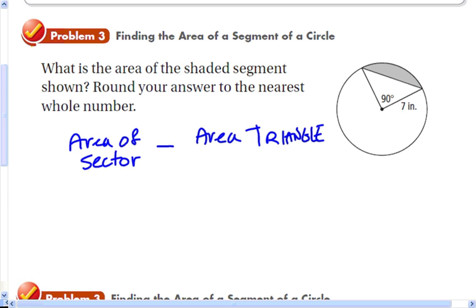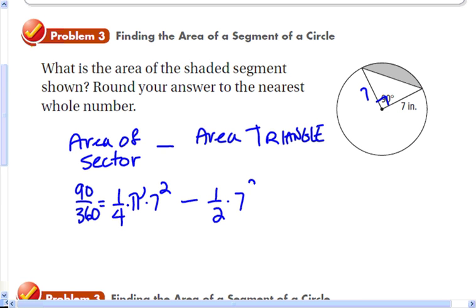All right, so the area of the sector, we're going to get that by doing 90 divided by 360, which is 1/4, times pi times 7 squared. The area of the triangle, that's not a right triangle, so the base is 7 and the height would be the same. That's the other radius. So 1/2 base times height.